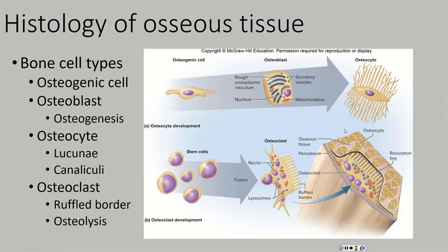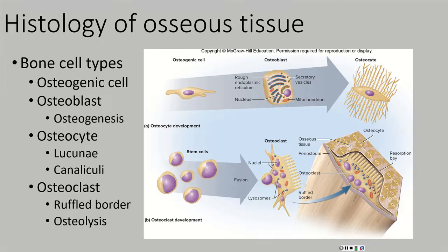And gap junctions will be formed between one osteocyte and the next. So that allows these osteocytes, which are basically trapped here, to still be able to communicate and transfer materials with its neighbors. Now these extensions, like we could see right here blown up, that reach out and connect to neighboring cells are called canaliculi.